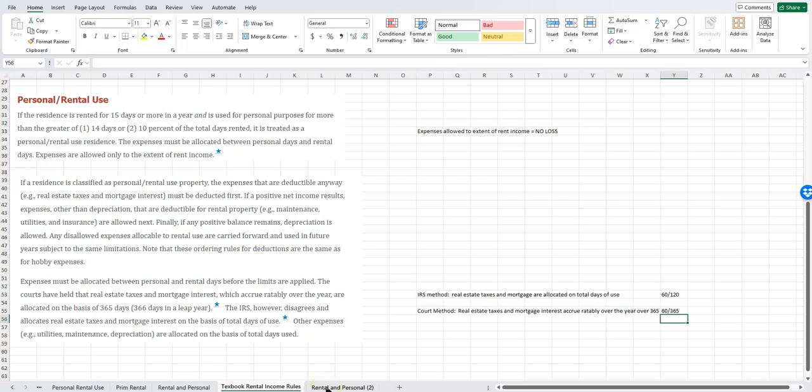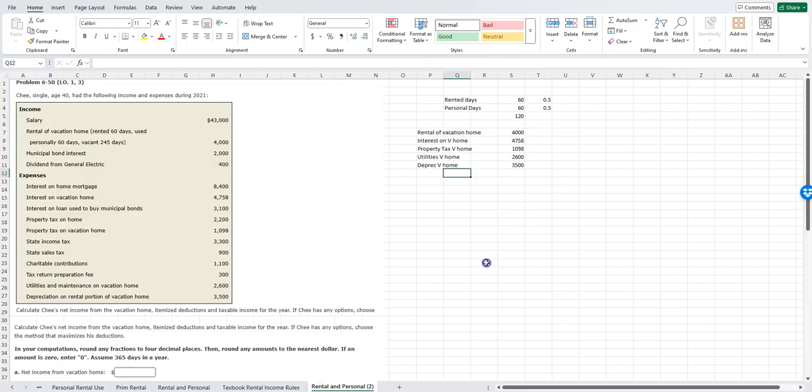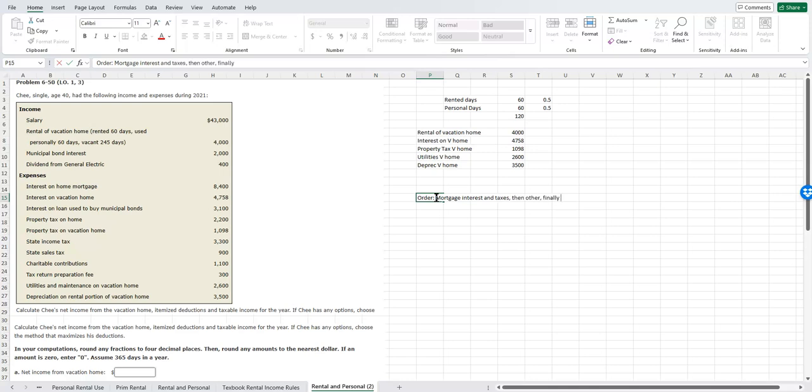All right, going back to our problem now. The first question says, what is our net income from the vacation home? Well, we know we can't take a loss, but we have to allocate it in the right order. So the order that it has to be in is mortgage interest and taxes, then other expenses, finally depreciation.